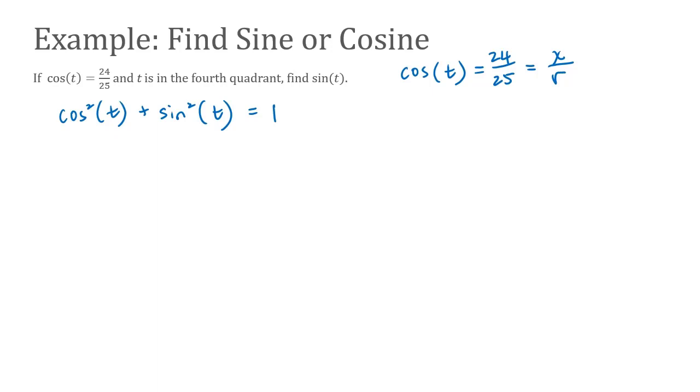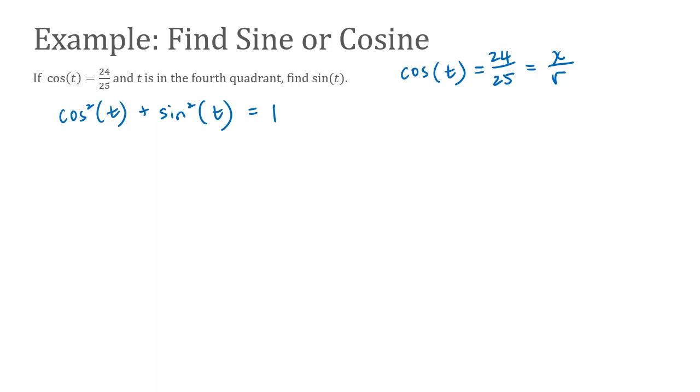Then I used the x and the r to find y, and then I used y over r to finally determine the value of sine of t. So this is similar, but a little bit different. Not as many multiple steps, but I do have to work with fractions, so pay attention to that.